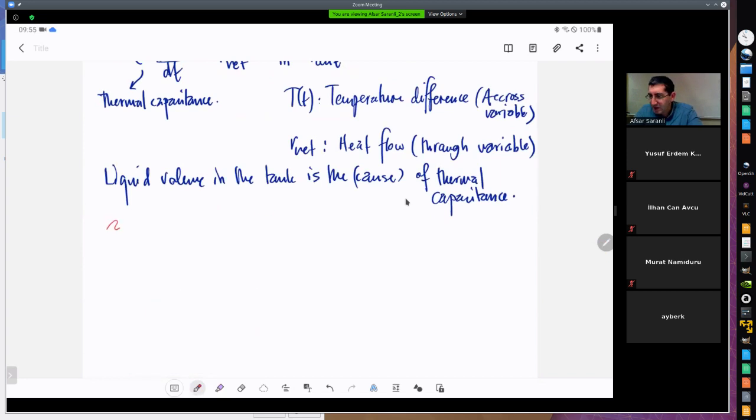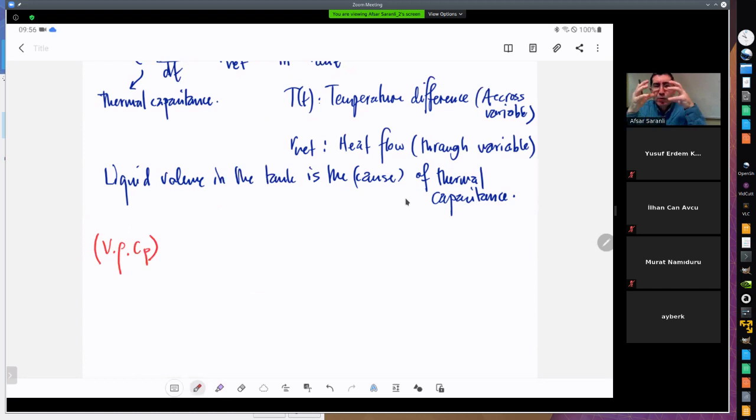Basically, this thermal capacitance can be written in terms of basic quantities like the volume of the liquid, the density of the liquid, as well as the specific heat of the liquid. For example, in car cooling systems, there is a special liquid stored inside the thermal system.